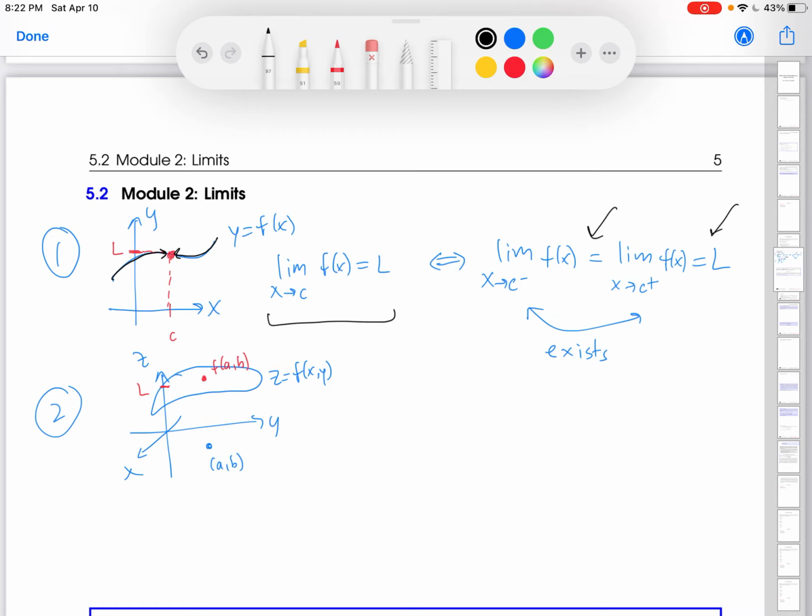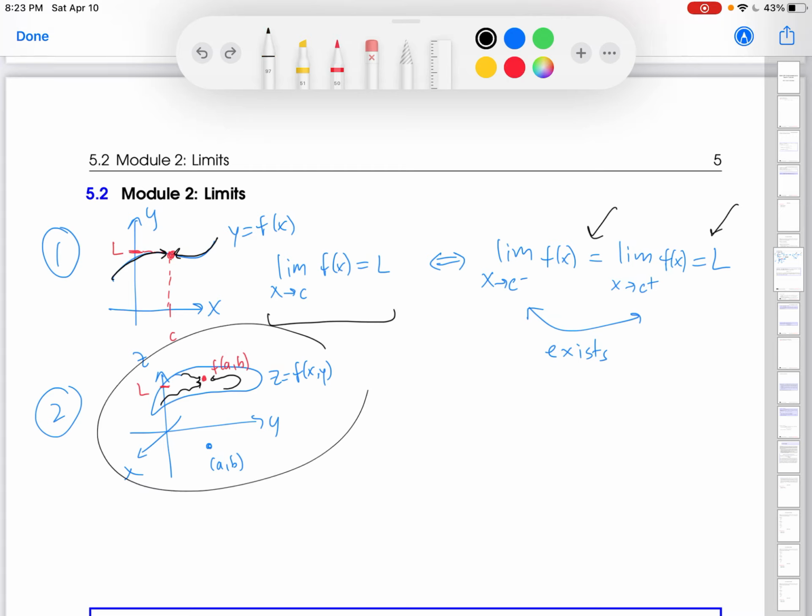So here's the thing that you notice. There are so many ways that we could be on this surface z equals f of x, y and approach this L. We can come at it from this direction. We can kind of zoop around like this. We can come at it from over here. So the simplistic notions of approaching just from the left or from the right, with only 2 directions associated with the point c, are just no longer there for multivariable calculus.